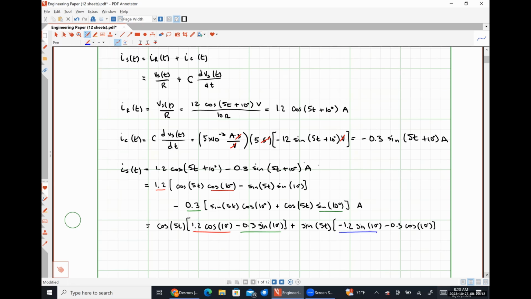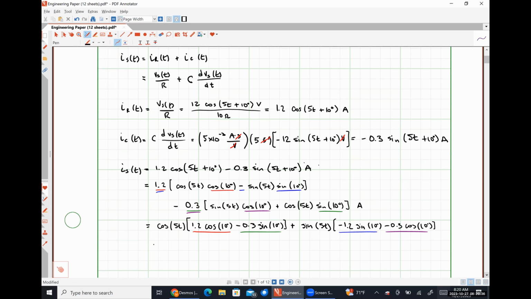This term of negative 1.2 sine 10 degrees is coming from this part and this part, and the negative sign is because of that negative sign there. And let's do purple here. This negative 0.3 is coming from this guy and this guy right here. So I think I've done all of that correctly.